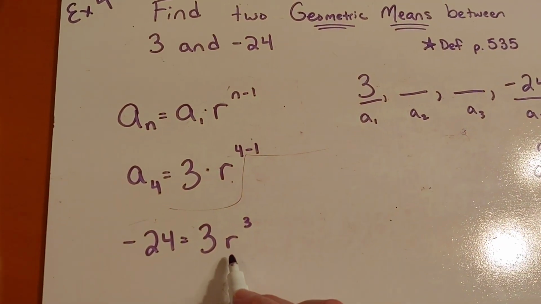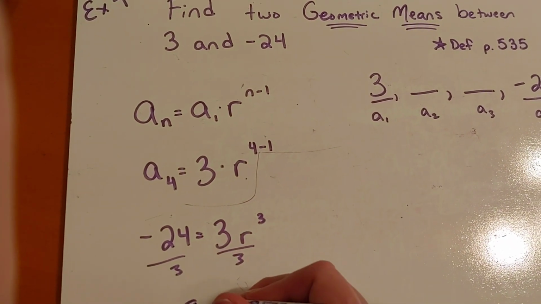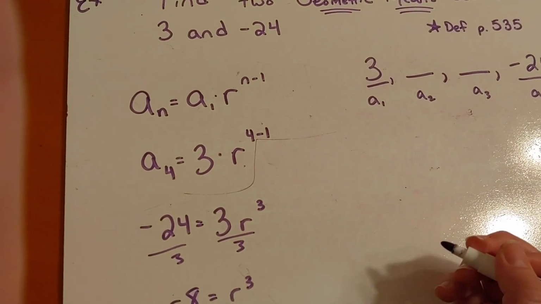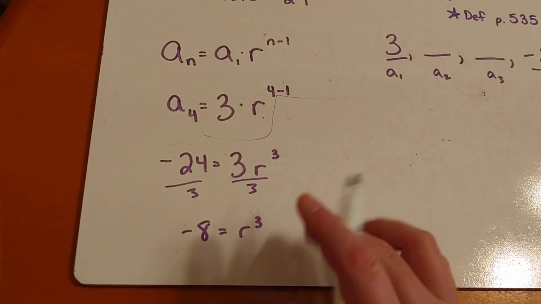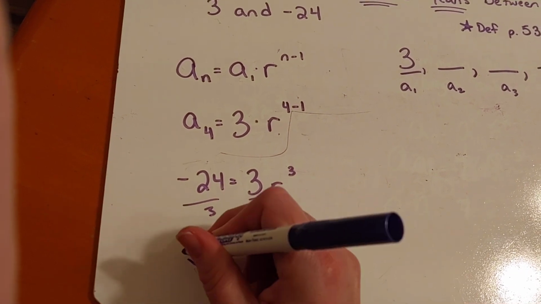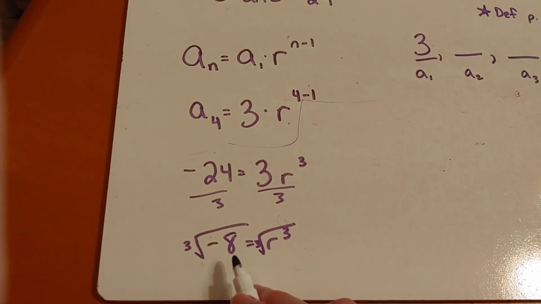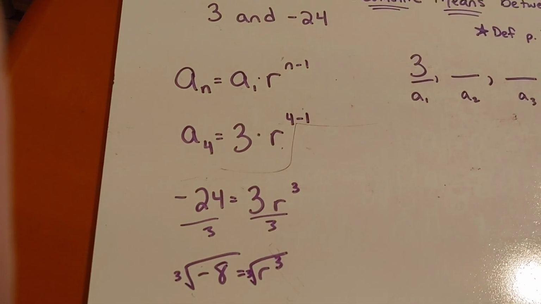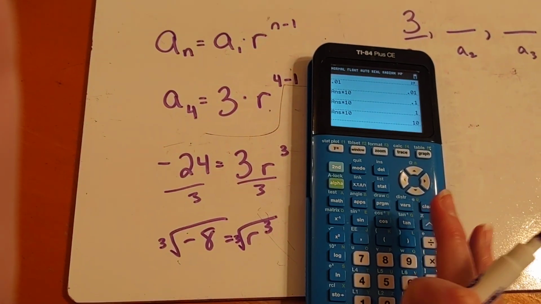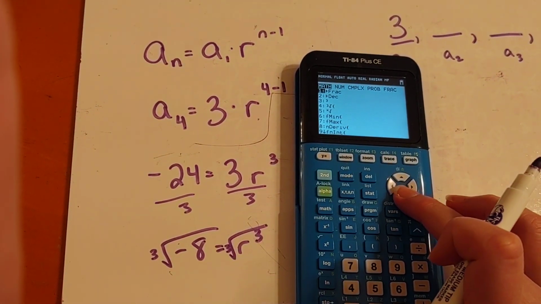All right, we need to isolate this r, so let's go ahead and divide by 3. So -8 equals r cubed. All right, how do I get rid of a cubed? I take the cube root. I need to take the cube root of -8 here. If you are using your calculator for this one, if you go to the math category, you will see cube root.